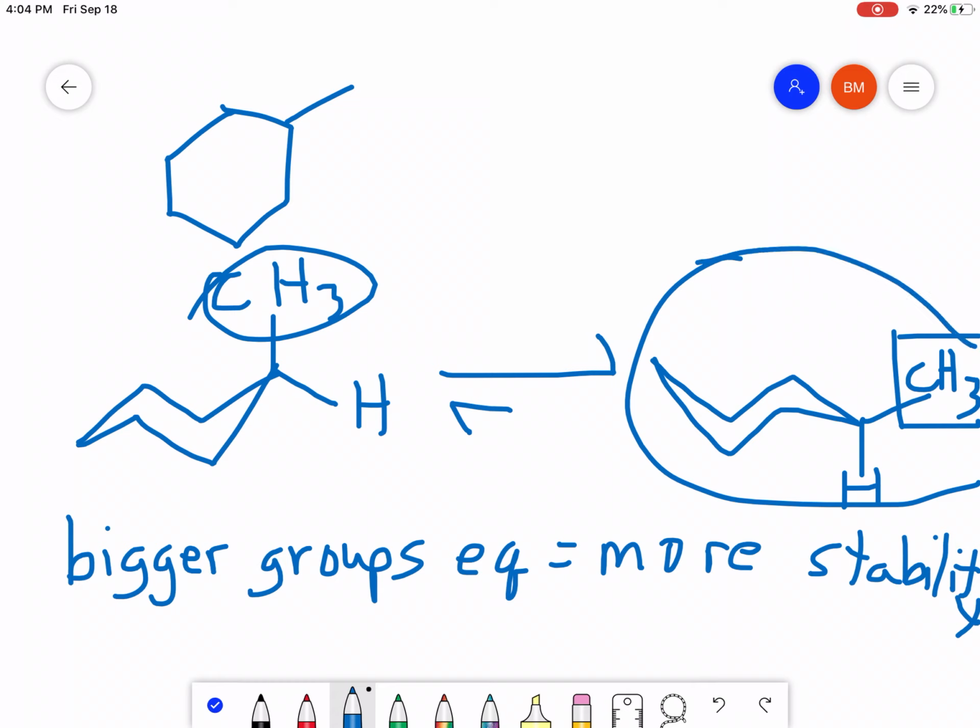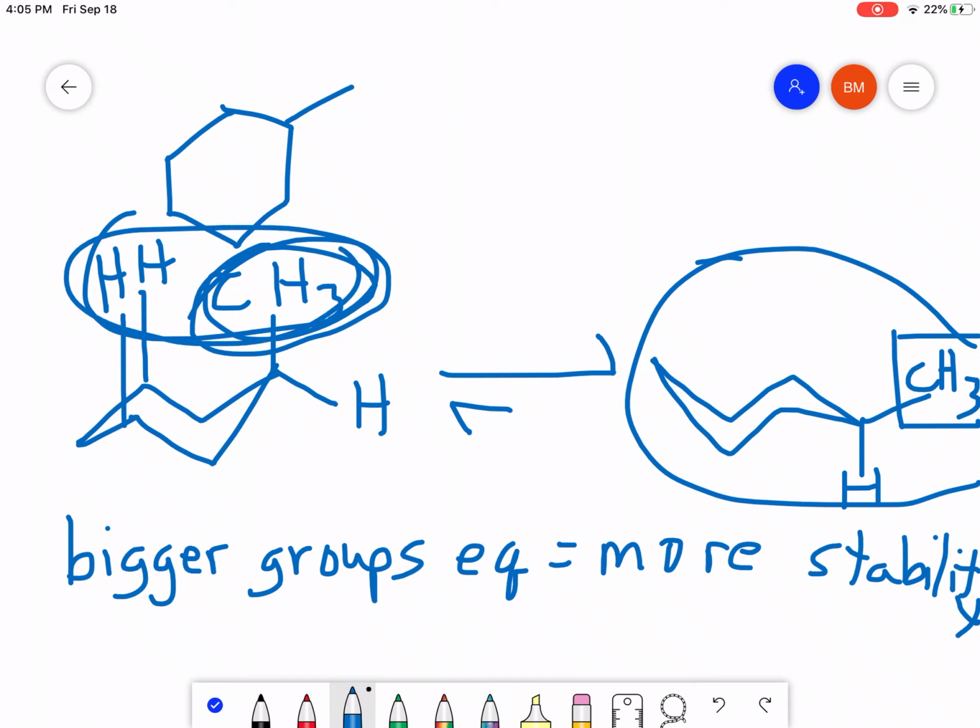Why is that? Well, if you remember, when we talked about Newman projections, we mentioned something called steric strain, right? That basically refers to crowding that can occur. Whenever you have larger groups like this methyl group that are axial, they can bump into these other axial groups, in this case hydrogens, that are sticking up from other carbons, right?